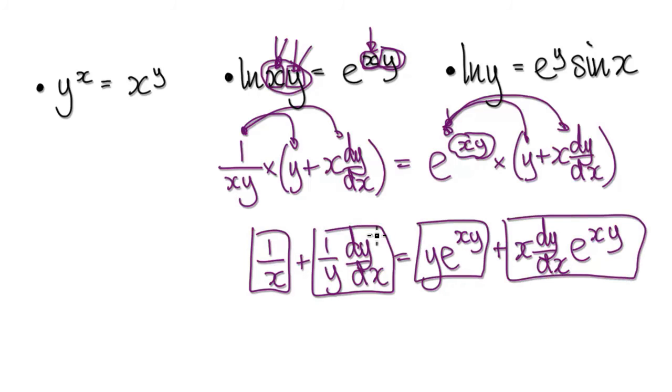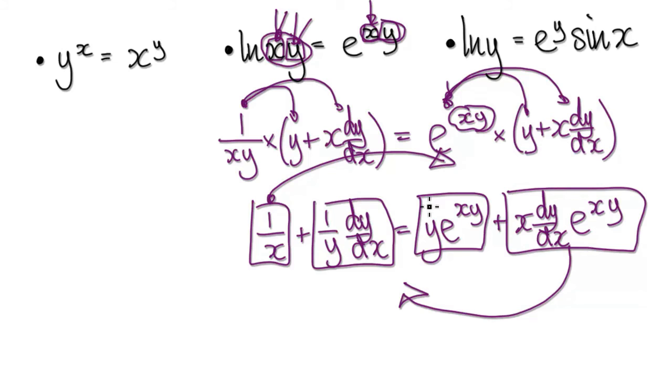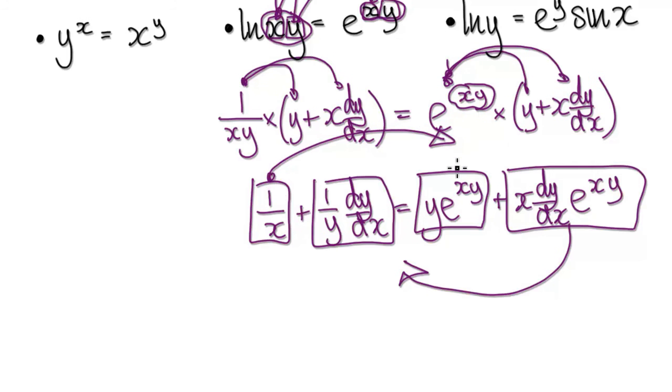Your job is to get dy by dx on its own. So group all the blocks that contain dy by dx on one side and all the other rubbish on the other side. So I'm going to take away this block from both sides, and then later on I'm going to take away this and move it to the other side. So I'm going to make two moves in one go.